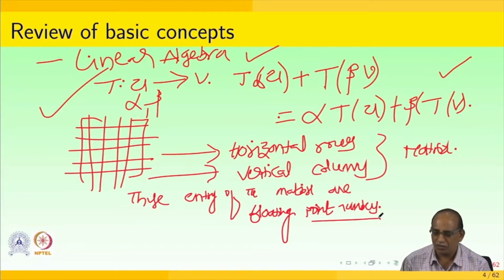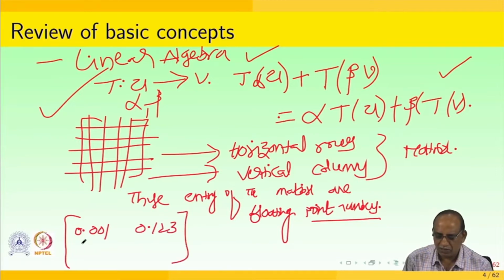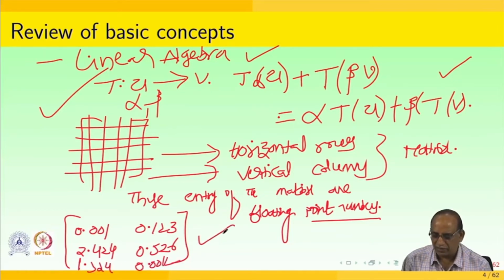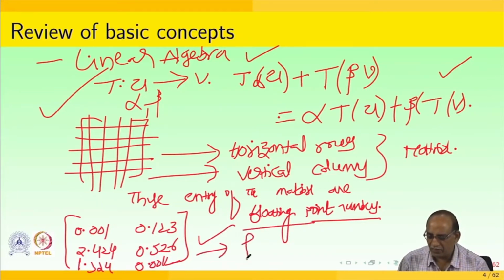For example, I will have 0.001, 0.10123, 2.424, 0.526, 1.324, 0.0012, like this, the floating point numbers. So they are all fractionals.